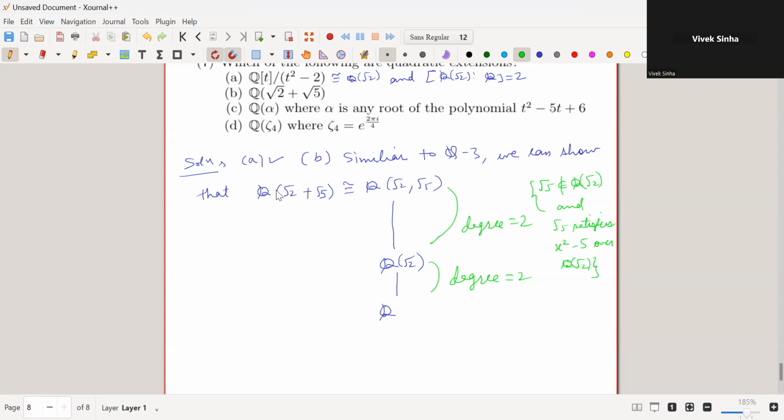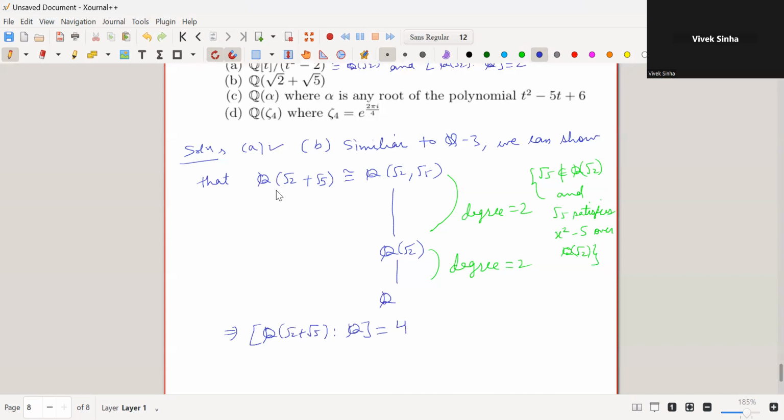Okay, so this is not inside Q(root 2), so the degree must be greater than or equal to 2, and it satisfies the polynomial of degree 2, so the degree is precisely 2. This way we get that the degree of Q(root 2 plus root 5) over Q is 4.